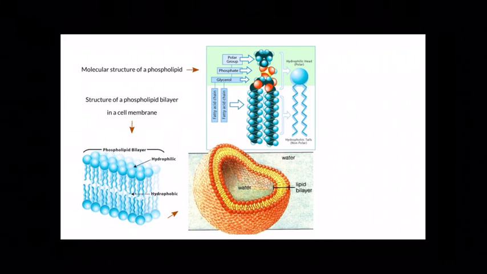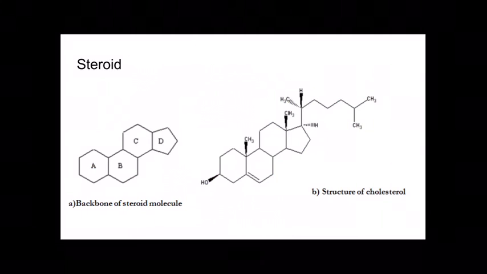Okay, let's move on and take a look at steroids. So steroids are the other group of lipids that we're looking at, and we can see just here that steroids have a very different structure than triglycerides do. This diagram on the left shows the basic structure of a steroid molecule.